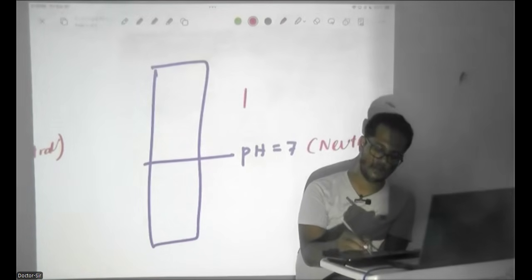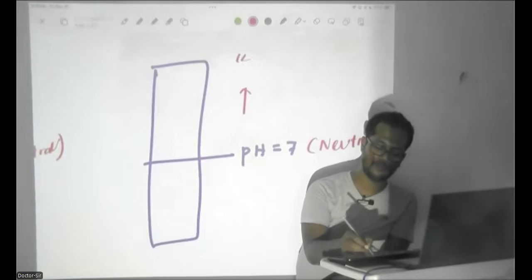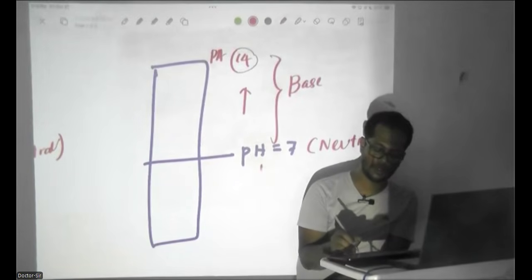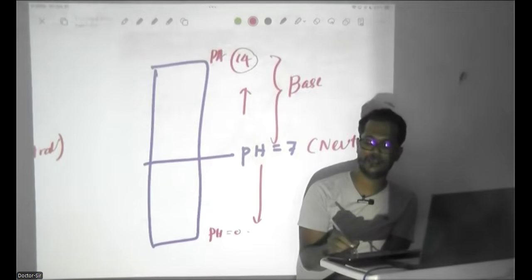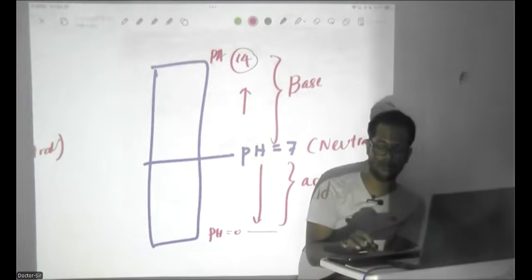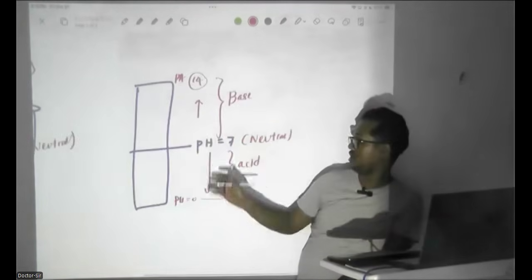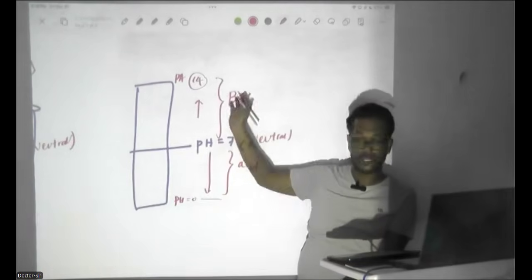Above that, up to pH 14, we call it a base. Below that, down to pH 0, we call it an acid. So 7 is neutral, below that acid, above that base.